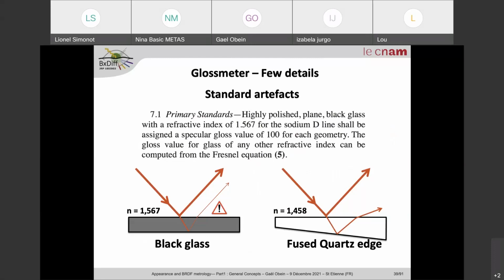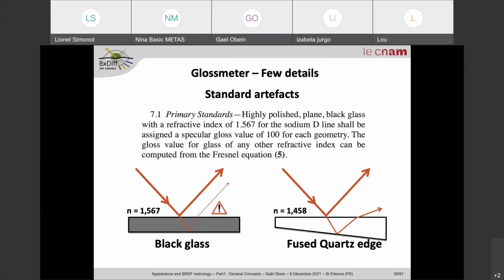If you don't make it, which is what we do in National Metrological Institutes, because there is no black glass with exactly this refractive index, what we usually use is a fused quartz edge, because this refractive index we can measure very well, and then we do the correction. That's how we get the best results.